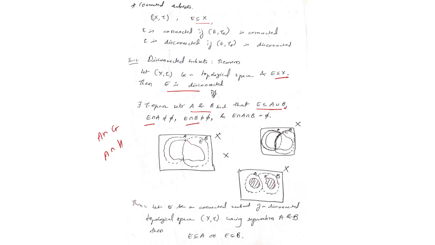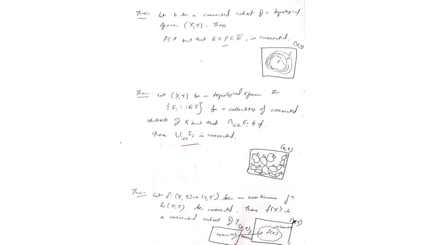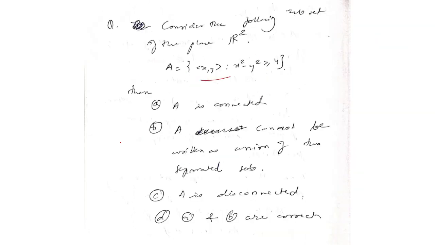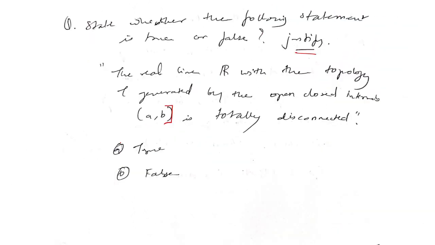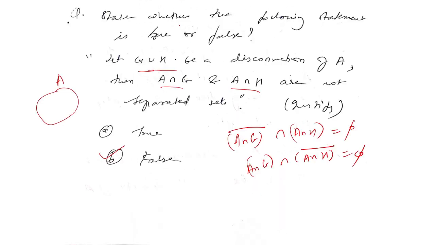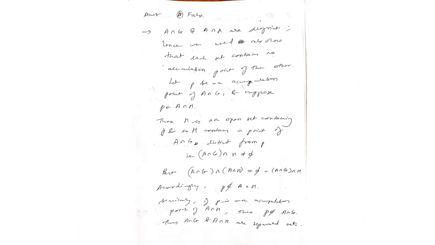Okay ma'am. So here, see, by the definition itself, because G and H are disconnected, meaning they form a disconnection, A intersection G and A intersection H will be disjoint. Fine. Hence, we need only show that each set, this A intersection G and A intersection H, contains no accumulation point of the other.